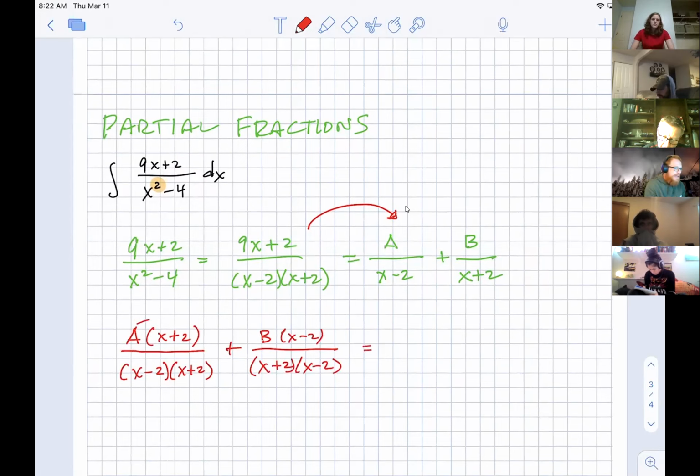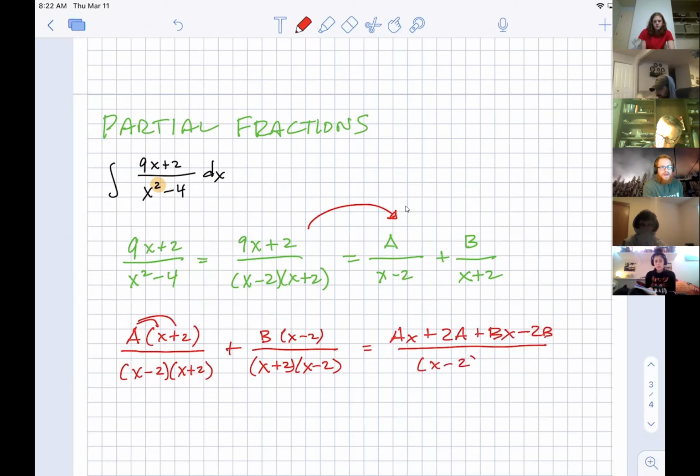So if I distribute this in here, I can say that ax plus 2a plus bx minus 2b is over the top of our denominator. And so if I can somehow choose an a and a b that make those two statements equal, then I'd be in really good shape.